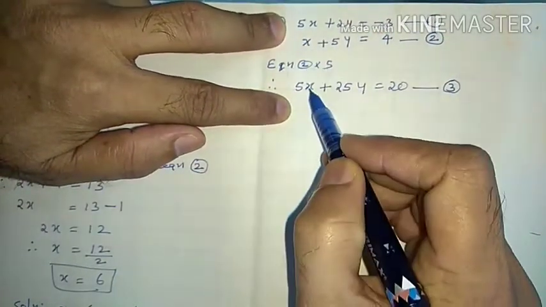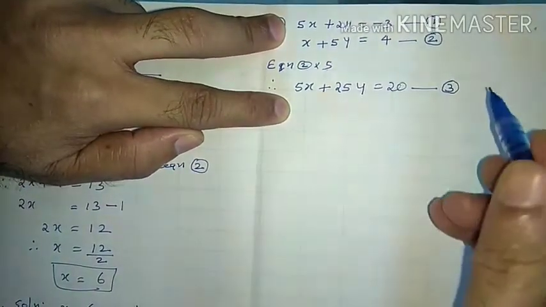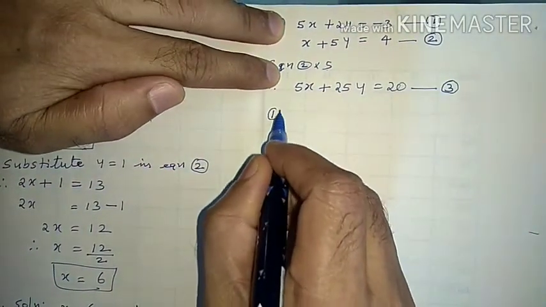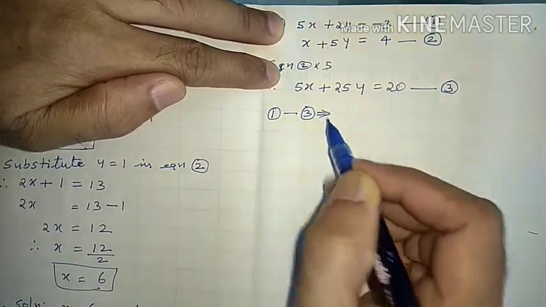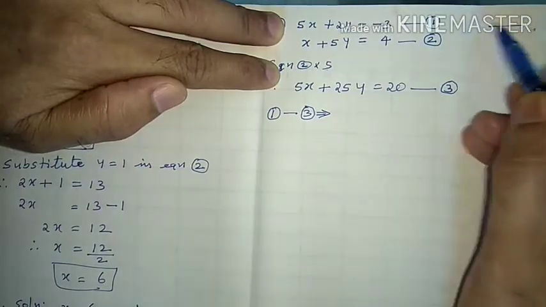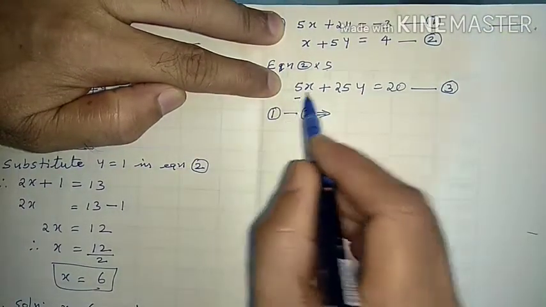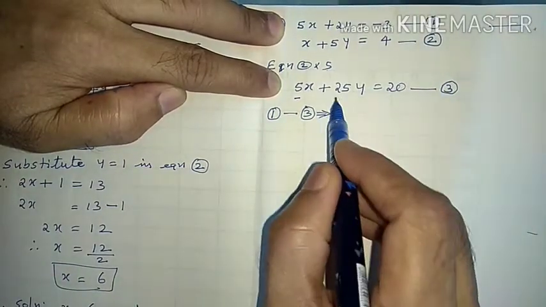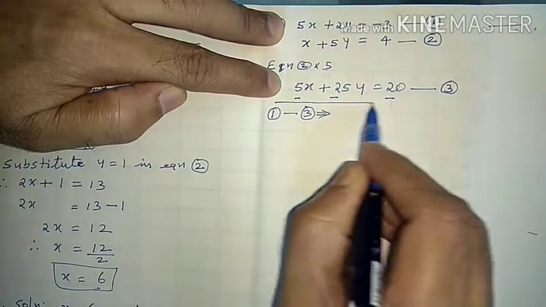These coefficients of x are equal. So we subtract. Therefore equation 1 minus equation 3. So this minus sign we distribute. Plus becomes minus. Minus into this plus, minus.